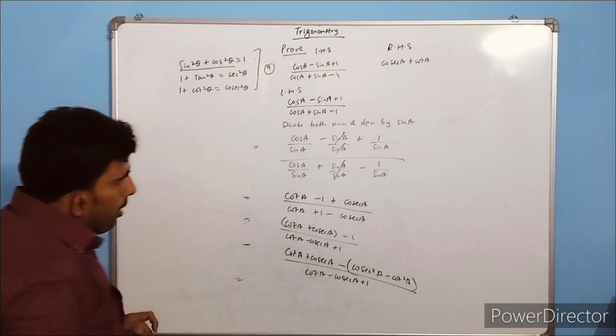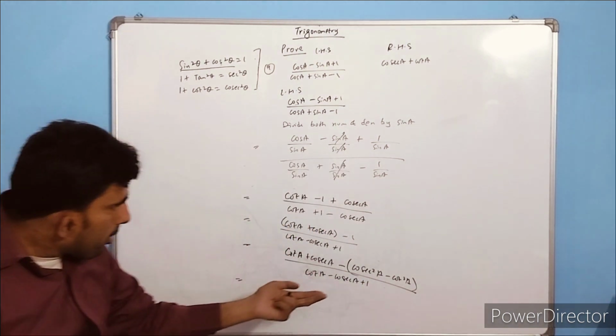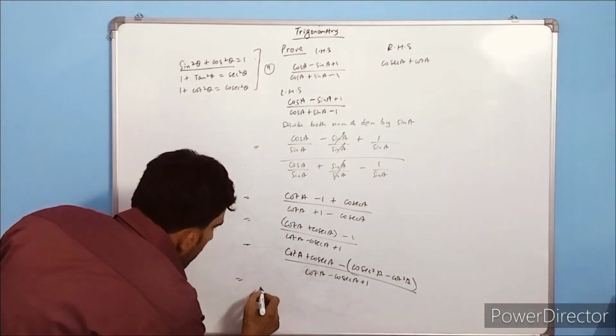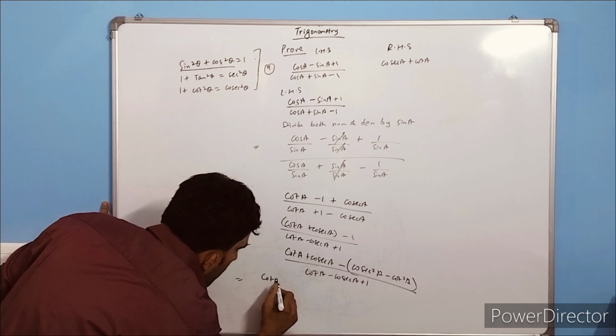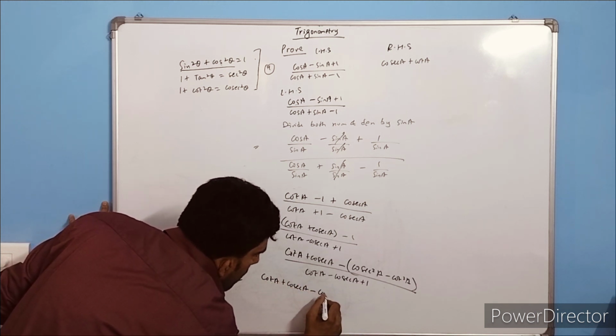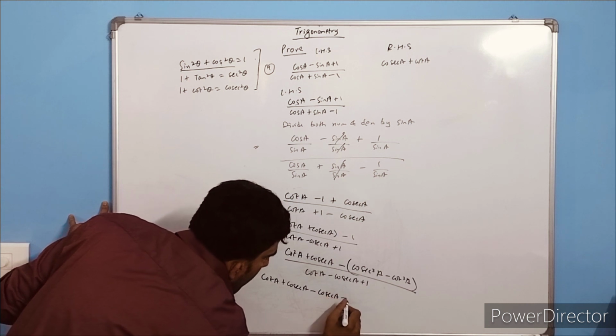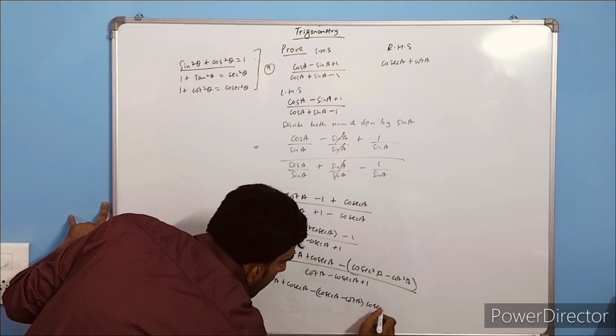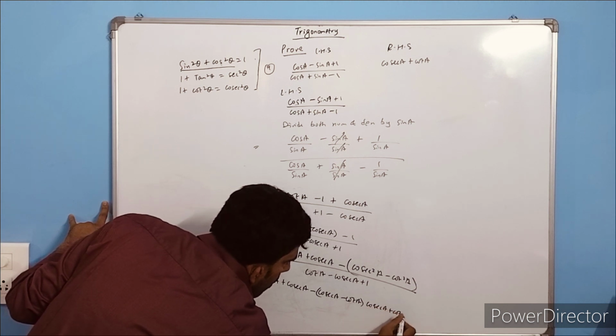Okay. So now we have cosec square minus cot square, which is of the form A square minus B square. So I can write (cosec A minus cot A) into (cosec A plus cot A).